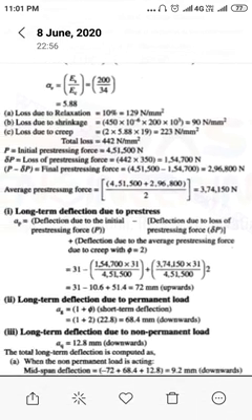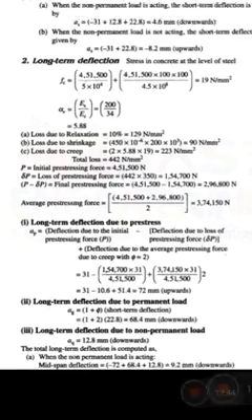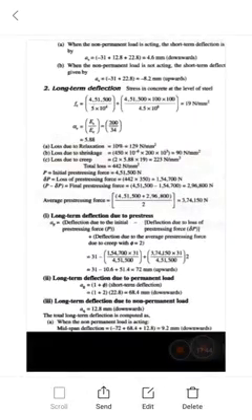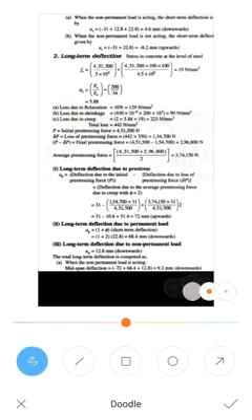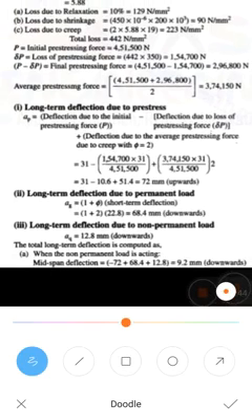So next is the long-term deflection. Long-term deflection is equal to 1 plus phi into short-term deflection. In this, the phi value, the creep value, they have given as 2.